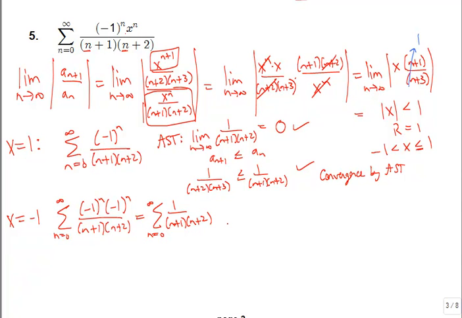Now, does that converge or diverge? You hopefully can see that it's kind of acting like the series 1 over n squared, which we know converges because it's a p-series. If we do a limit comparison test using this 1 over n squared, then what we'll see is that in the limit, we're going to get the unknown series on top divided by the known series, and when I multiply by the reciprocal, this gives me an n squared on top and an n plus 1 over an n plus 2, and that goes to 1 in the limit because it's an n squared over an n squared.